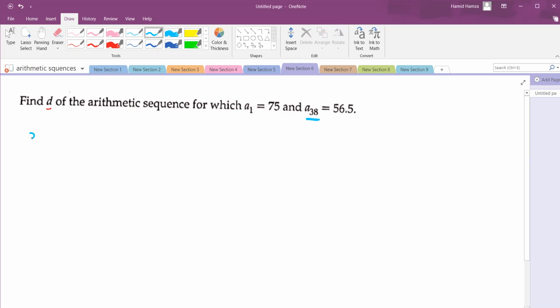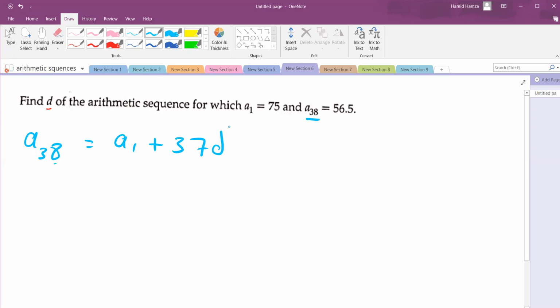Okay. So A38 means A1 plus, no, subtract 1 first, 37 multiplied by D. Yeah, like this. Then we will substitute.